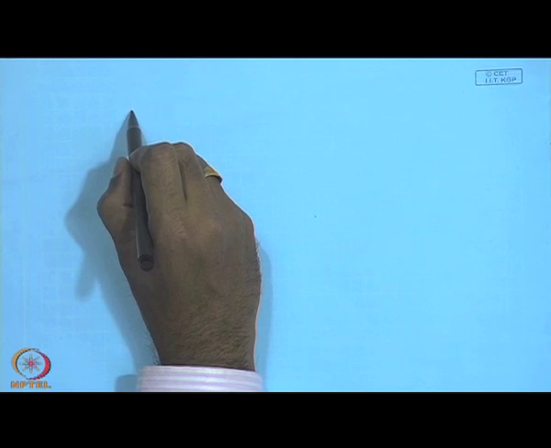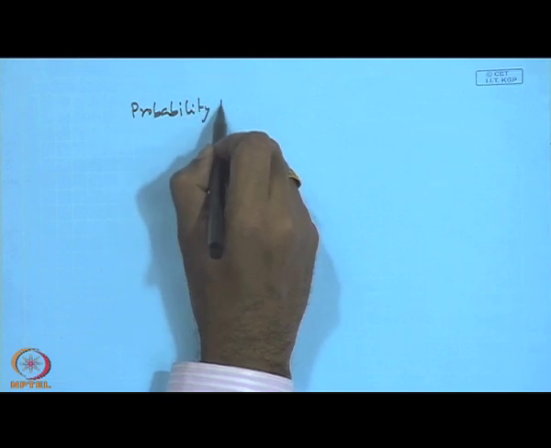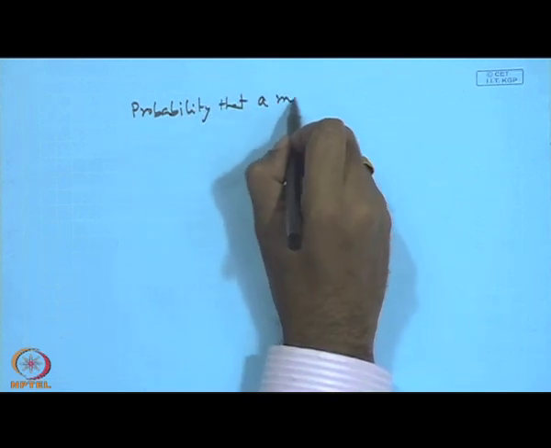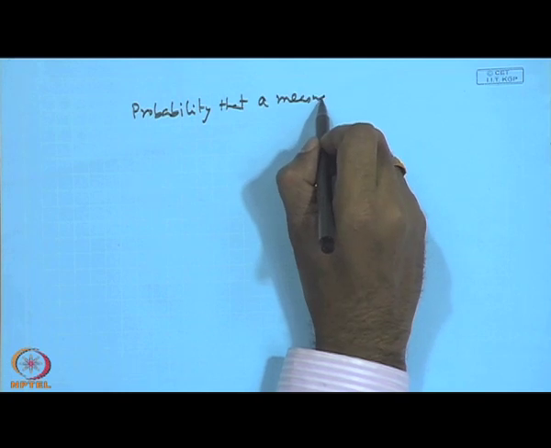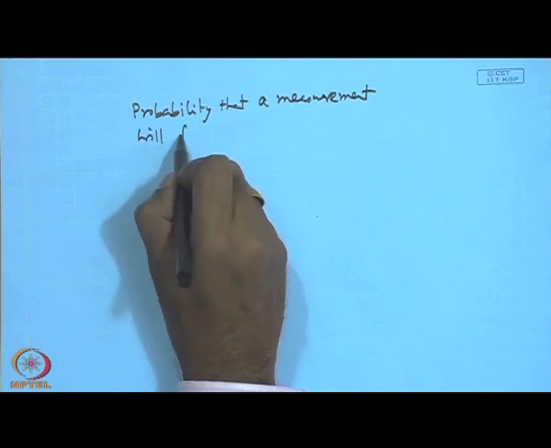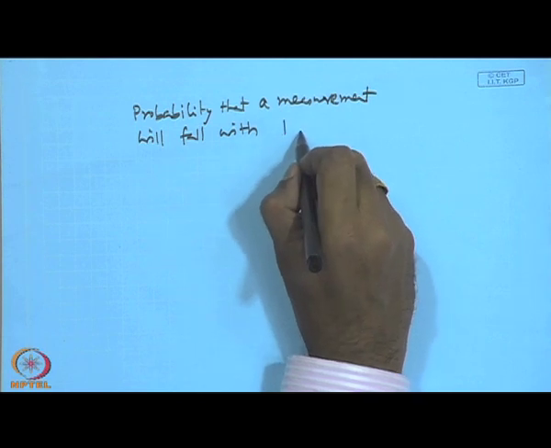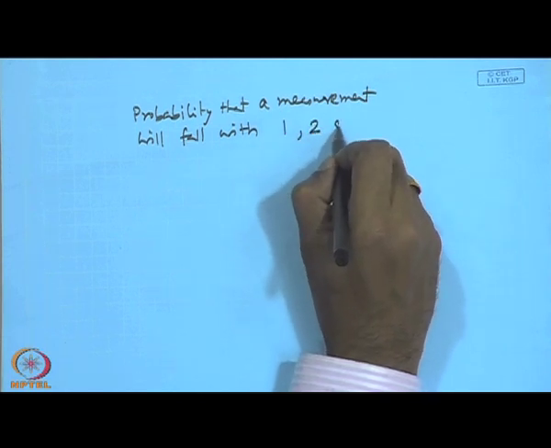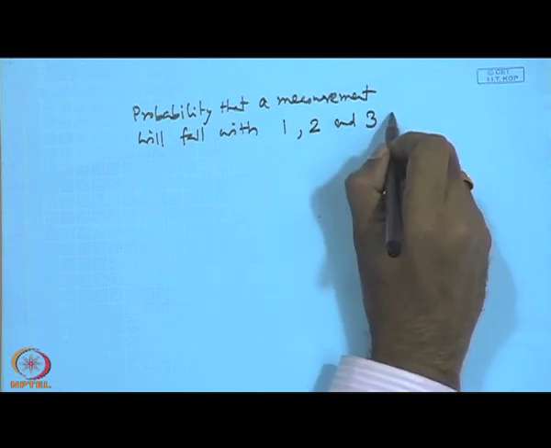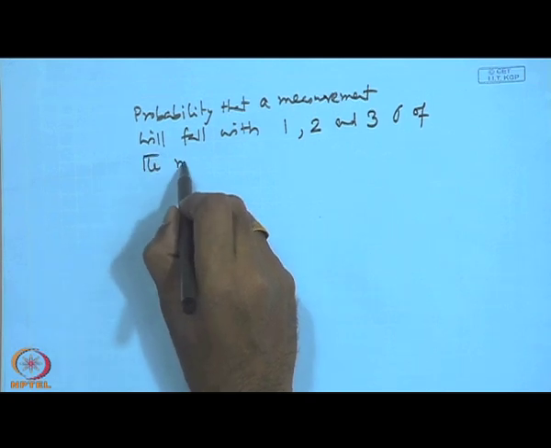So, how do we do that? Let us ask ourselves, what is the probability that a measurement will fall within 1, 2 and 3 standard deviation of the mean value.